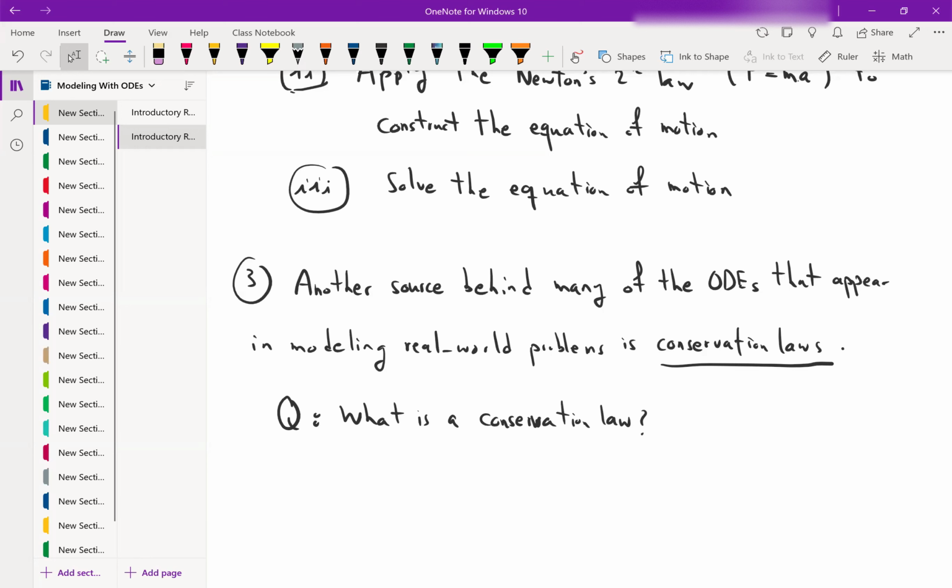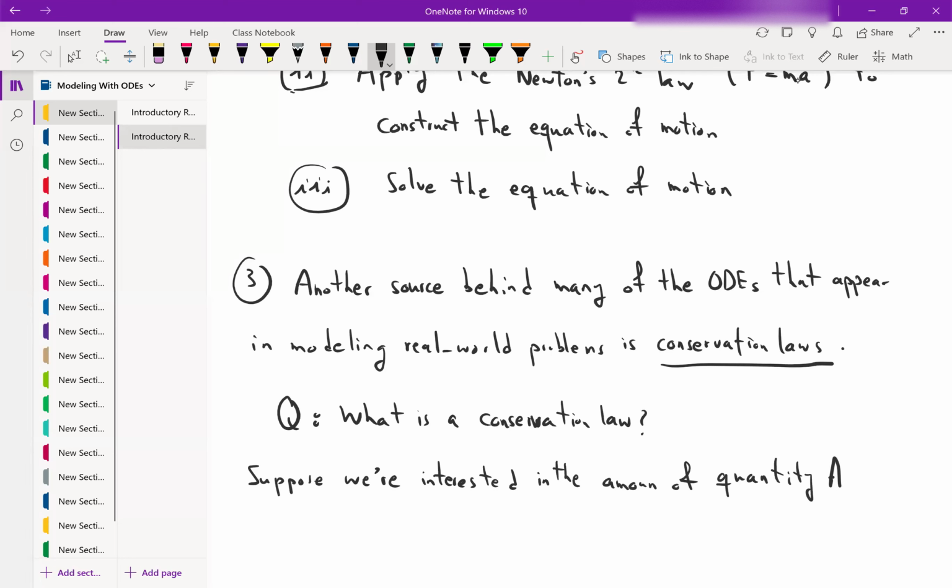Let me just be more concrete. Suppose we're interested in the amount of quantity A, some quantity A inside the box, inside the pipe.